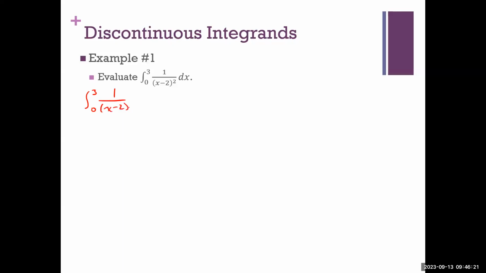We don't really have a choice here. I'm going to break this up into two integrals, one from 0 to 2, and one from 2 to 3. It's squared. Yeah, thank you.